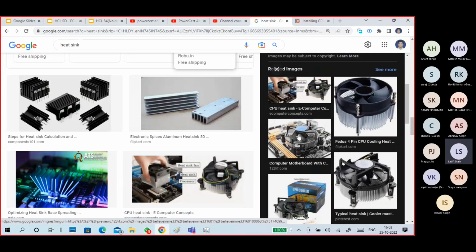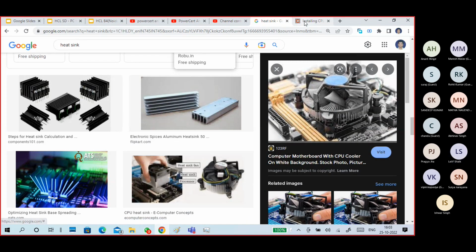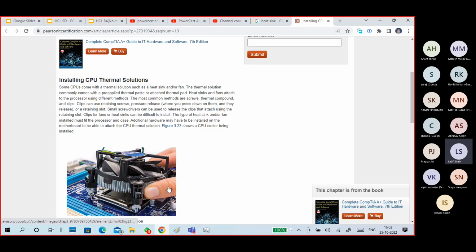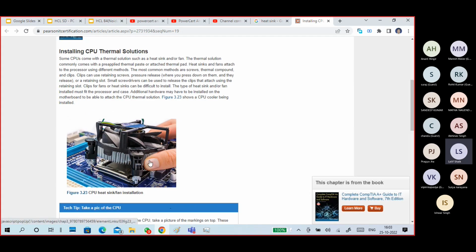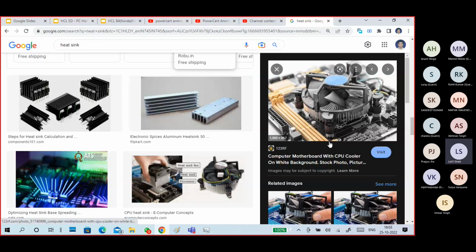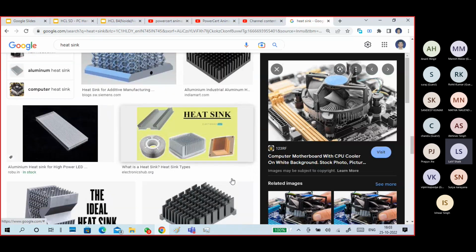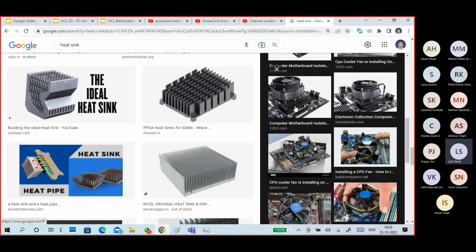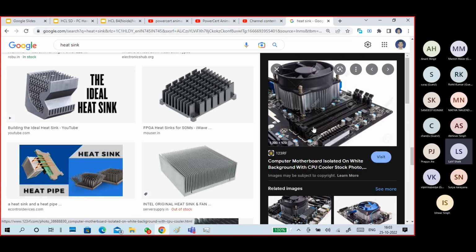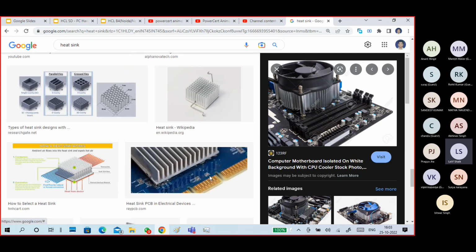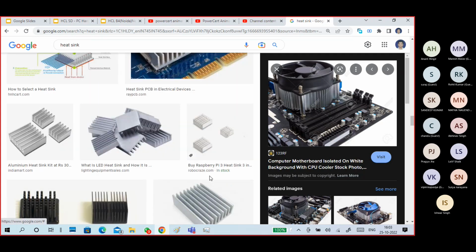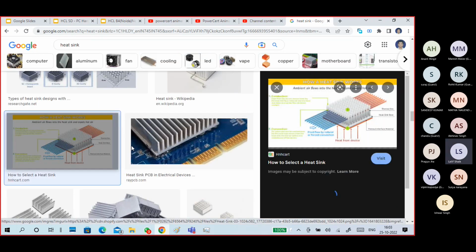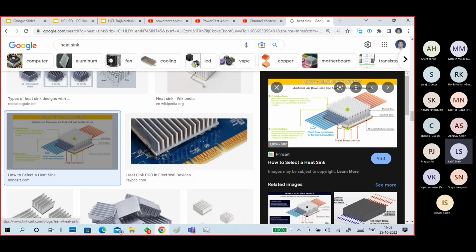What is the advantage of that? The processor gets hot while it is working. The heat sink absorbs the heat from the processor and tries to cool it by passing it through.